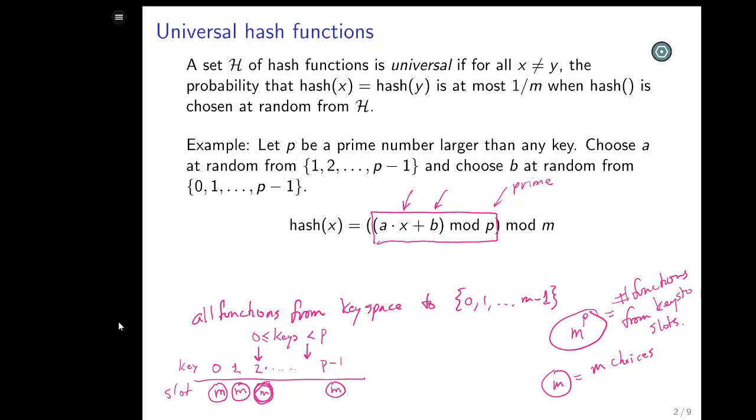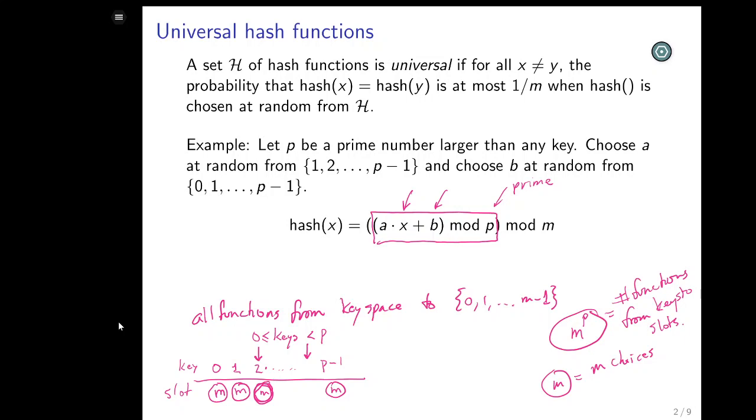And so whatever value is in the first slot is equally likely to be any one of the values from 0 to m minus 1. And same thing is true for the second slot. If I've chosen the function at random, I'm going to see each of the possibilities in that slot with equal probability.